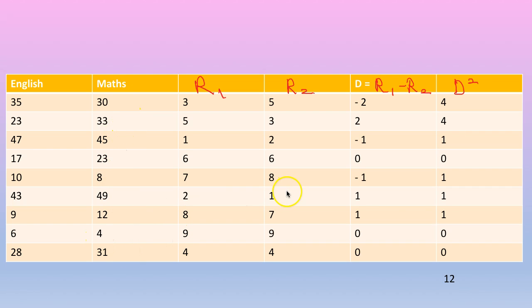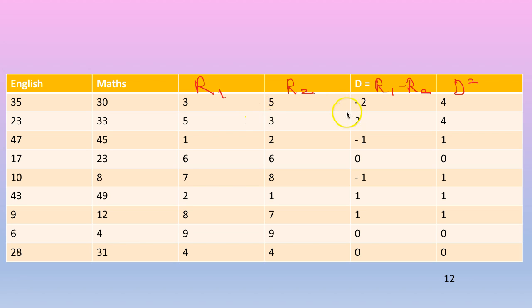Again, coming to maths, we have 49 is the first rank, then 45 is second, 33 is third, 31 is fourth, 30 is fifth, 23 is sixth, 12 is seventh, 8 is eighth rank, and the ninth rank is 4. We take the difference between the two ranks as d equal to r1 minus r2.